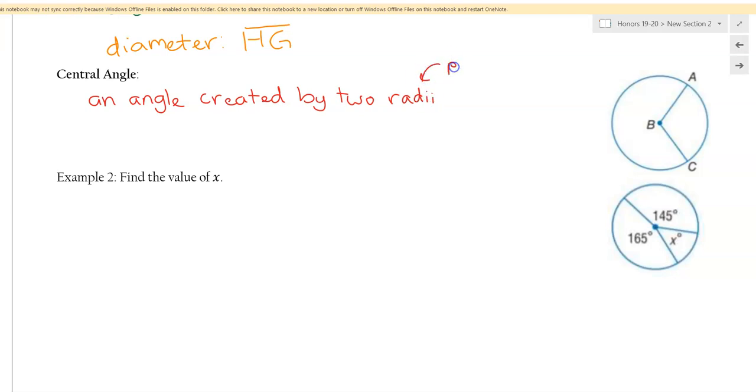Radii is the plural form of radius. Okay. So there's one radius, two radii, and the vertex is at the center.